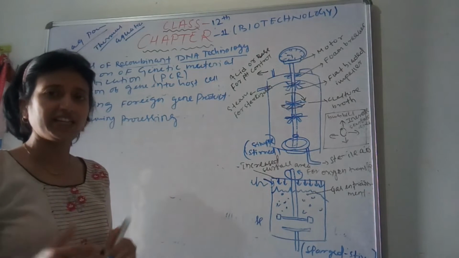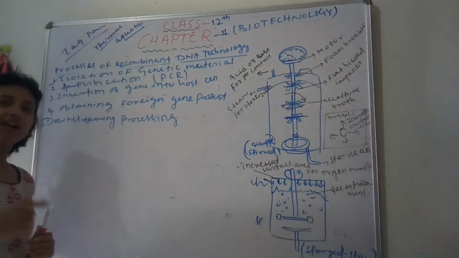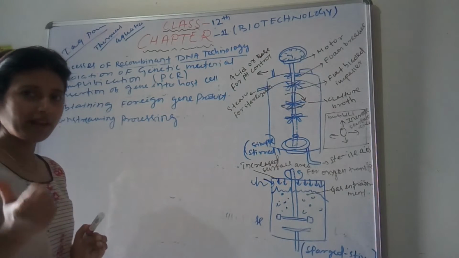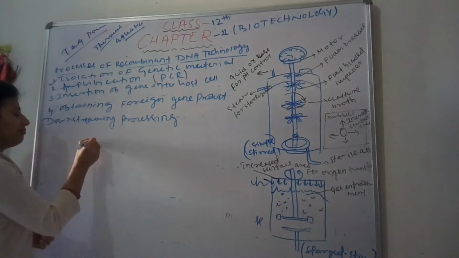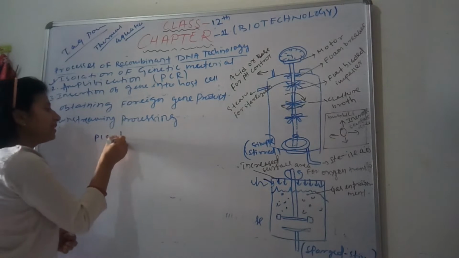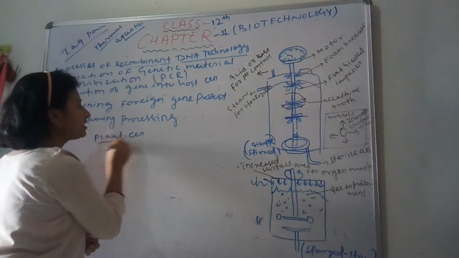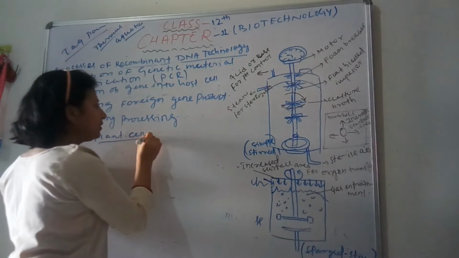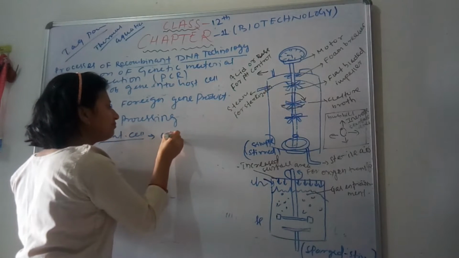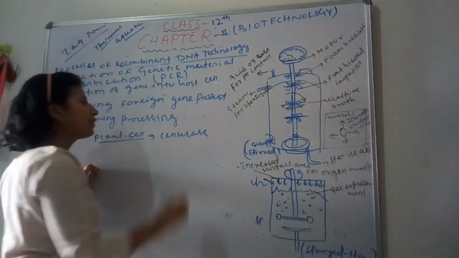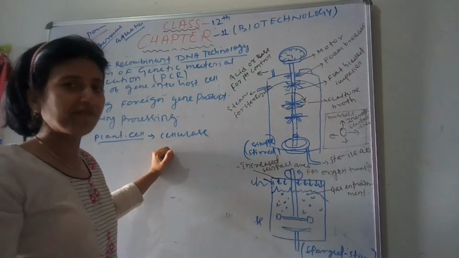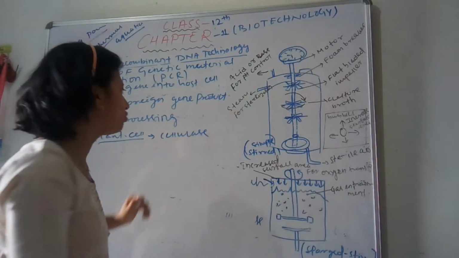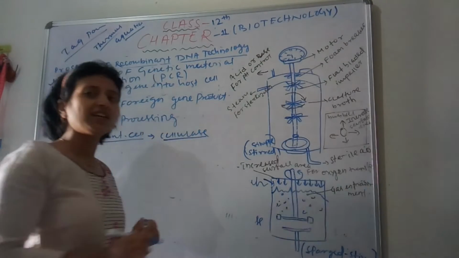So if we want the DNA from a plant cell, then first we need to digest the plant cell wall, and for that we need the enzyme cellulase. As we know, the cell wall of the plant is made up of cellulose, so for digestion of cellulose the enzyme needed is cellulase.